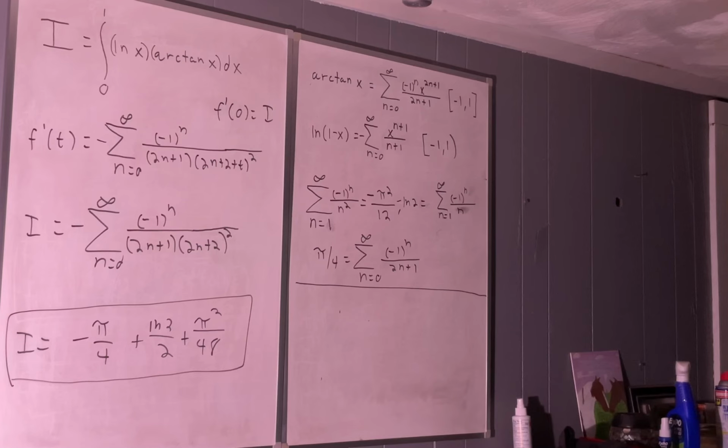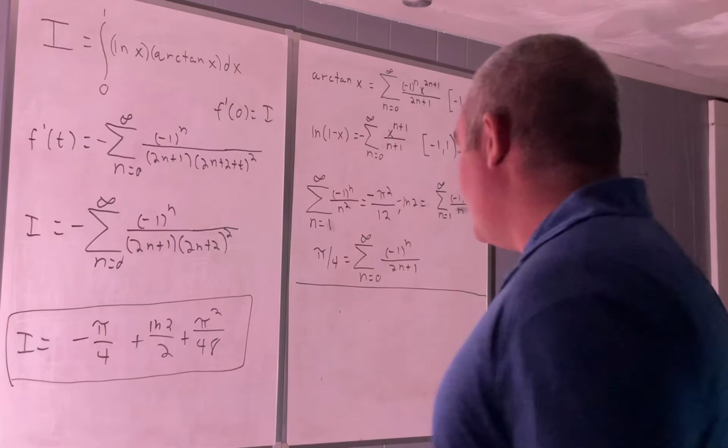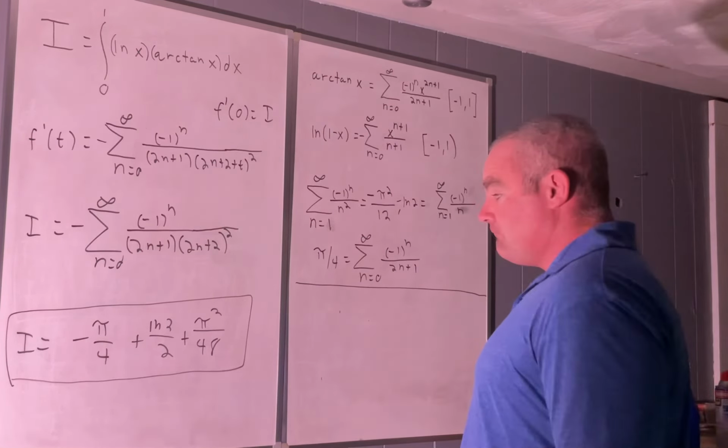Negative pi over 4 plus natural log 2 over 2 plus pi squared over 48. Yeah. That is the correct answer, and hope you enjoyed that.